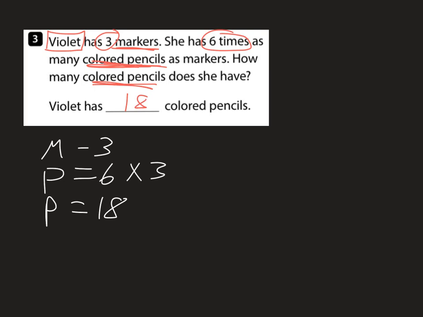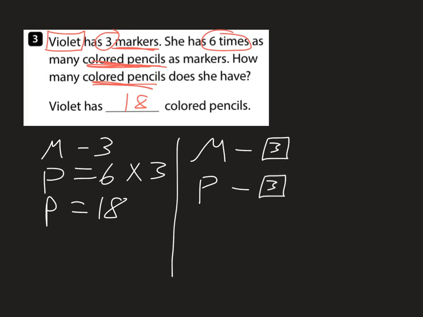All right, that's one way to show it. Now I'm going to show you using a bar model. So here's her markers, and I know she has 3 markers. And pencils, she has 6 times as many pencils. There's 1, 2, 3, 4, 5, and 6.